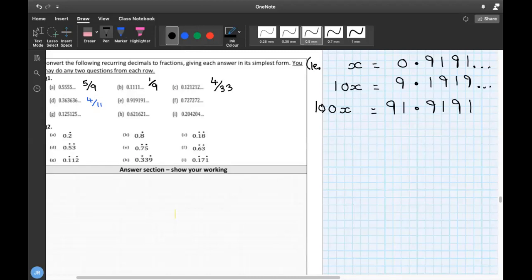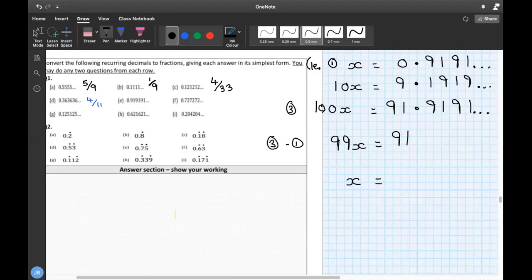So it really does help when you're doing this in your workbooks if you can try and keep all of your columns in line, just as if you were doing some column addition. It makes it so much clearer to see when those values after the decimal are matching up. That's what you need. So this was equation 3, this was equation 1, and we're doing equation 3, take away equation 1. That's going to leave us with 99x, and then the number 91.